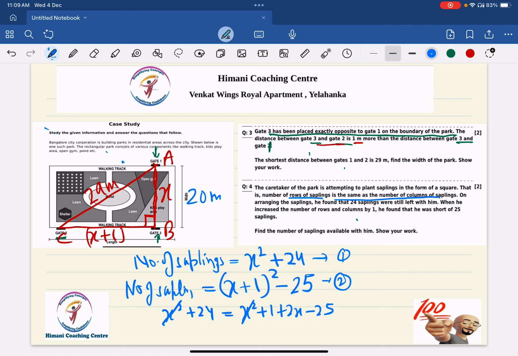Now we have 2x, and then, okay, let us solve. So 24 equals 2x minus 24, or we can say 2x is equal to 24 plus 24, which is 48, or x equals 48 by 2, which is 24. So this is how we show the number of saplings available with him. Again, pause the video and note down the working.